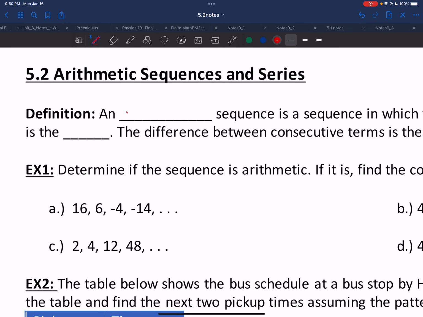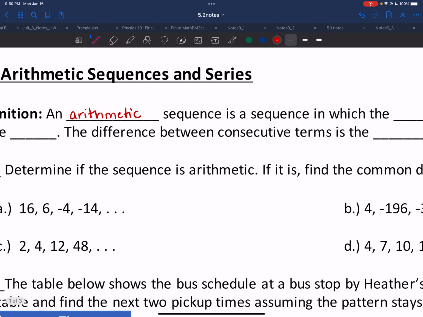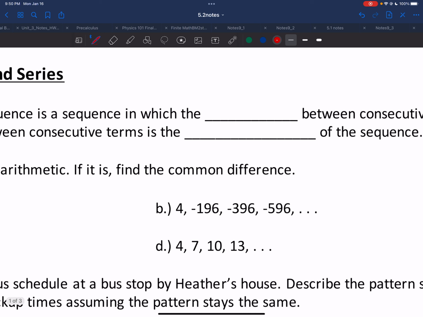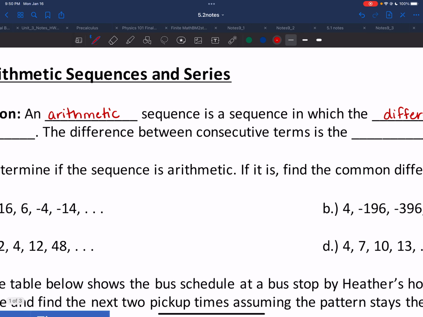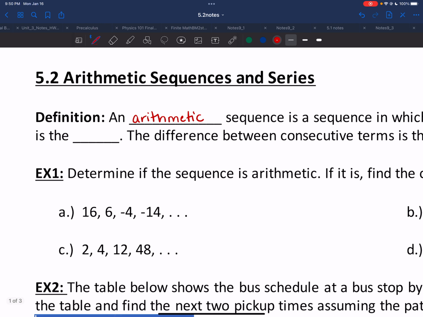So an arithmetic sequence is a sequence in which the difference between consecutive terms is the same, right? So the difference between each one is going to be the same.